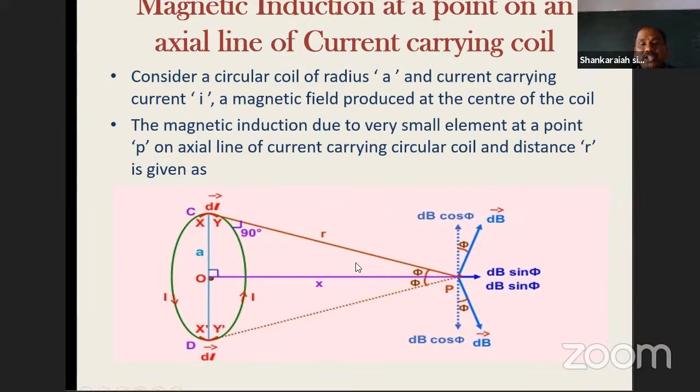But here one dB cos phi is acting vertically upward, and another dB cos phi is acting vertically downward. They are equal in magnitude but opposite in direction, and cancel each other.